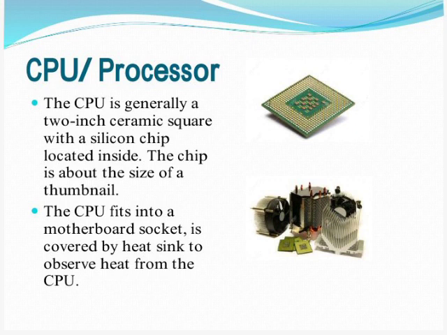Okay. Next, where is the CPU fixed? The CPU is fixed into a motherboard socket and is covered by a heat sink. Can you see the second picture, which shows the aluminium-like color? So this is a heat sink to absorb the heat from the CPU. Below the CPU they keep the heat sink because the computer performs many processes and goes on heating.